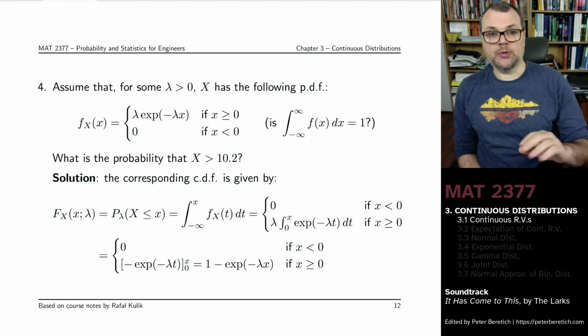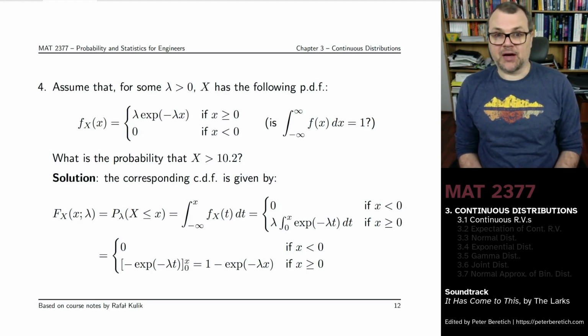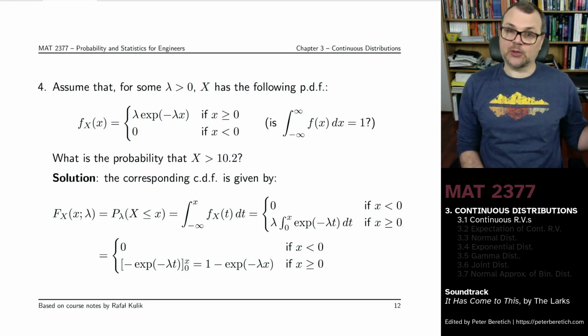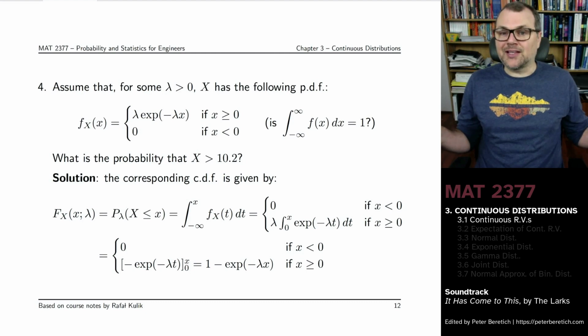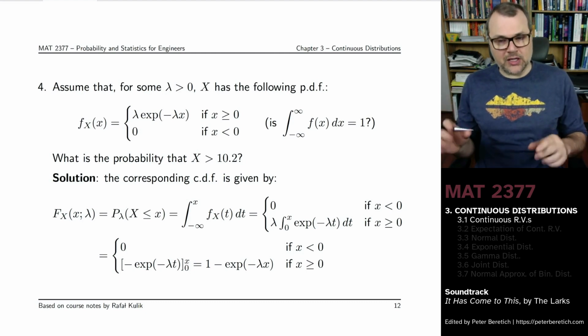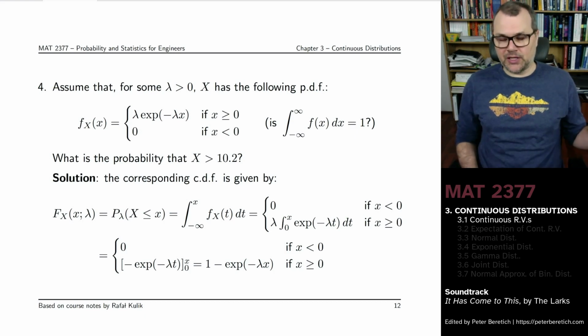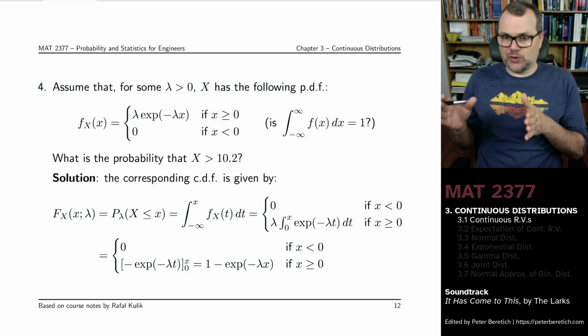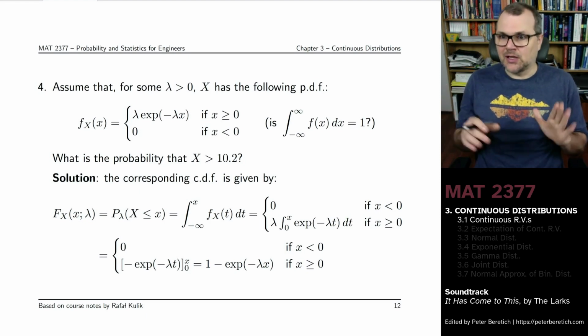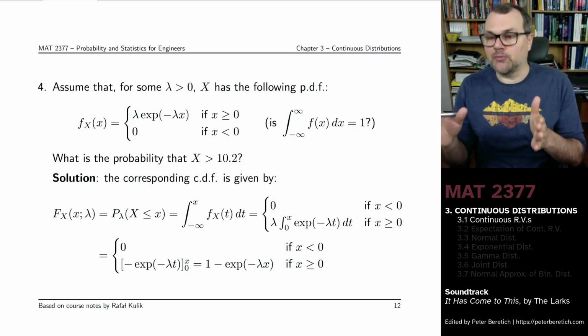We're going to assume we have some lambda value which is positive, right? And there's a random variable x which has the following PDF. It tells you how likely specific outcomes are according to the interpretation that I've given for the PDF, which is that the area under the curve between 2 points tells you the probability of the random variable falling between these 2 points.